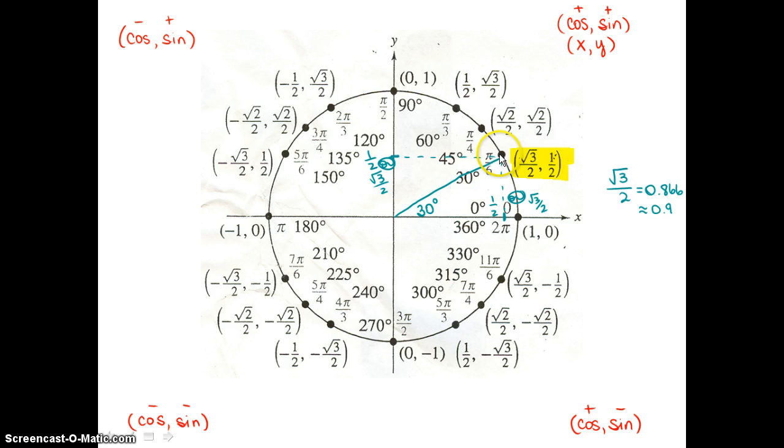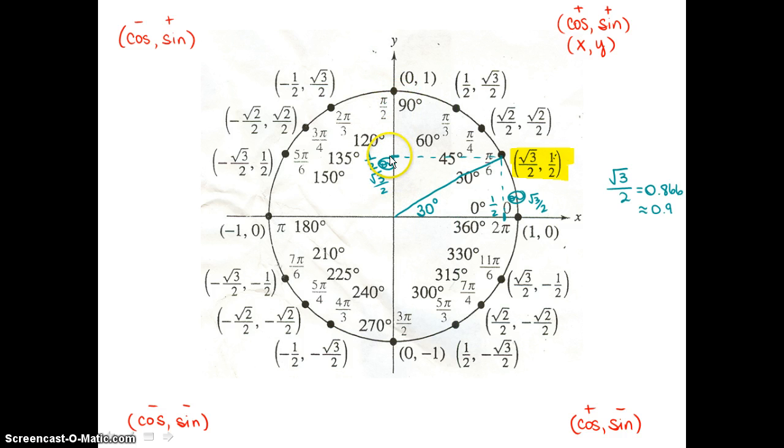So if I take this point and bring it straight down to trace its x value, and bring it straight over to trace its y value, I'm looking at this going, okay, is that x value 1/2 or square root of 3 over 2? Well, that's really close to this value of 1 right here. 1/2 would be way back here, so that's got to be square root of 3 over 2. Whereas if I trace it straight over, you can see that's about halfway up that line from 0 to 1.